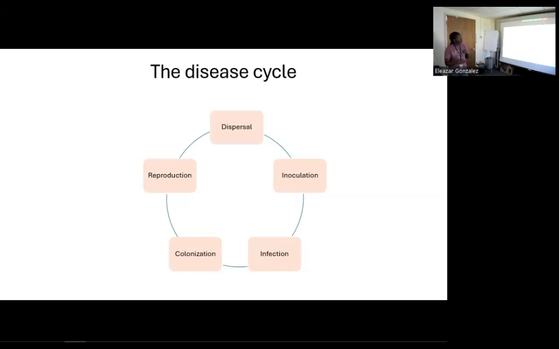The disease cycle tells us all the events that occur from the time the pathogen gets in contact with the host to cause infection, to colonize, and begin to reproduce, so that infection propagates and then gets dispersed.